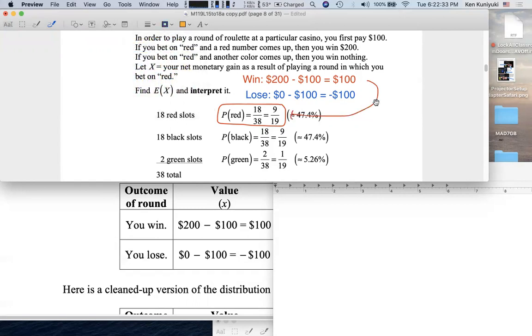The probability that you lose is going to be 9/19 plus 1/19, because you lose if the roulette wheel comes up black or green. So you lose with probability 10/19, or about 52.6%.